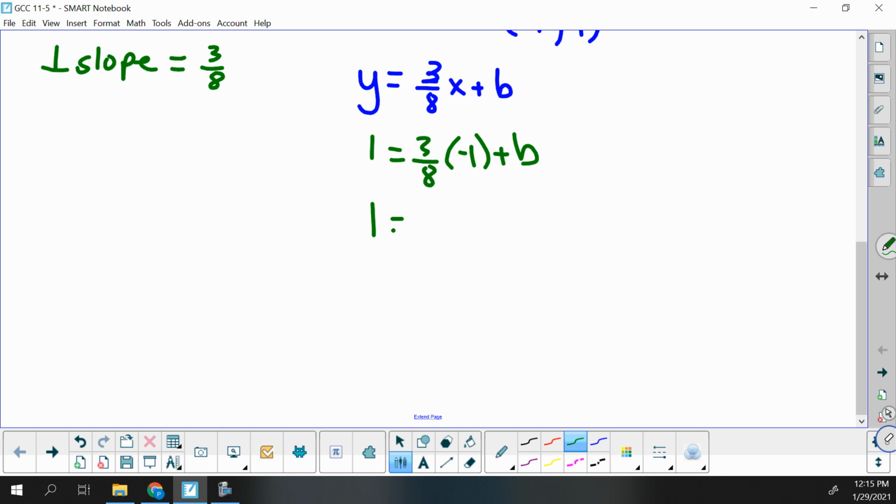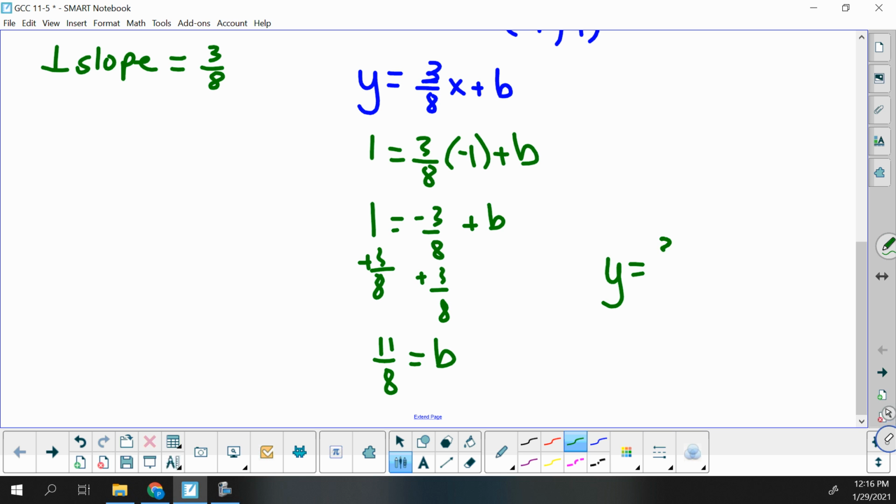So this is 1 equals negative 3/8 plus b. Add the 3/8 over, and that'll give us 11/8 is equal to b. So therefore our equation will be y equals 3/8 x plus 11/8.